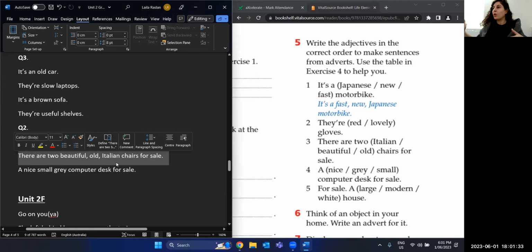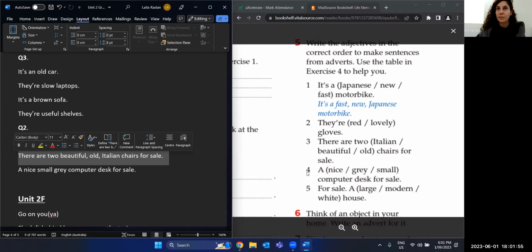When you put more than one adjective, you must put a comma, comma, comma, until you get to the last one. Sorry, there's no and. It's just a comma between all the adjectives.